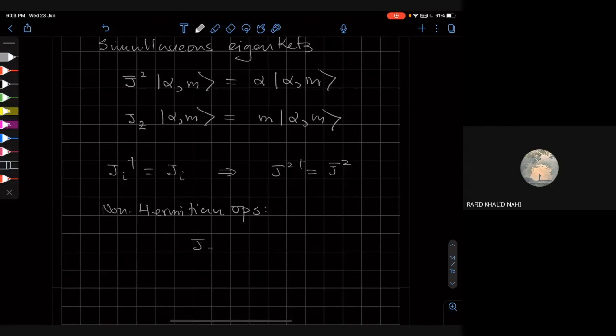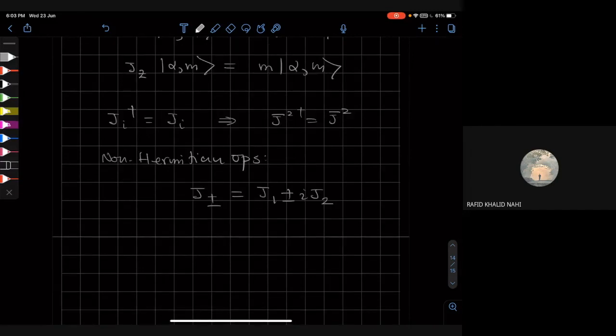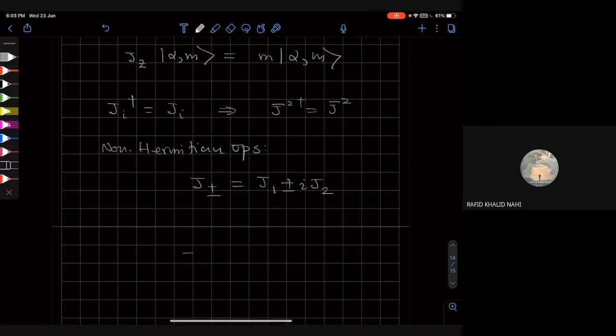Let's call them J plus and J minus, and they're the complex linear combination of J1 and J2. From the definition, you can see that if I take J plus and take its Hermitian conjugate or adjoint, I get J minus, and vice versa, because J1 and J2 are Hermitian, but i, under Hermitian conjugation, becomes minus i. So these two switch.